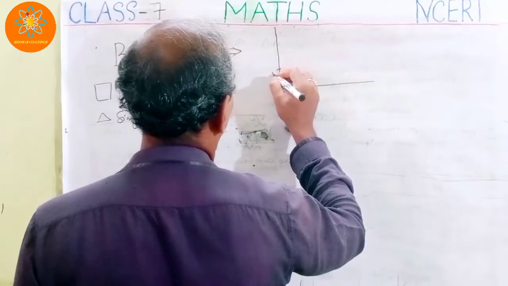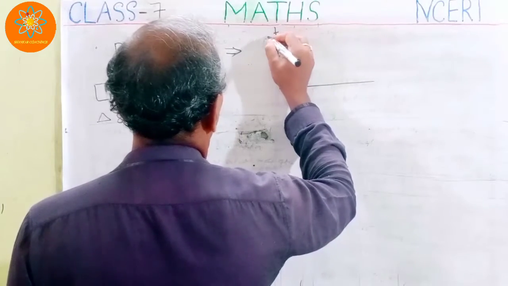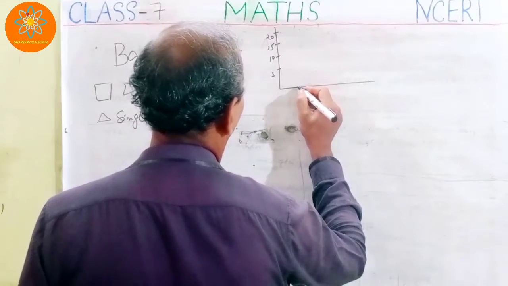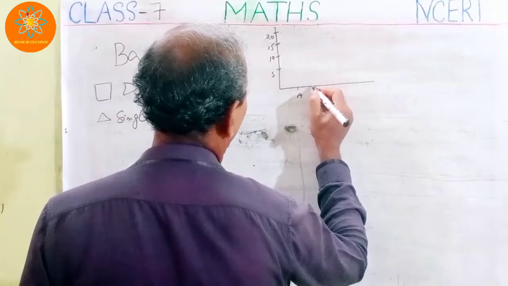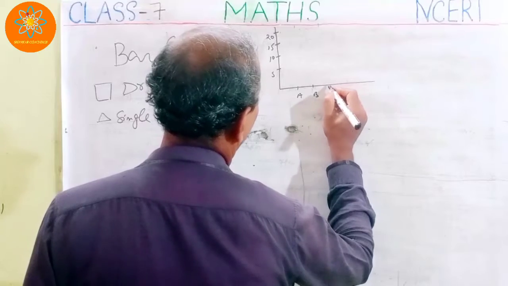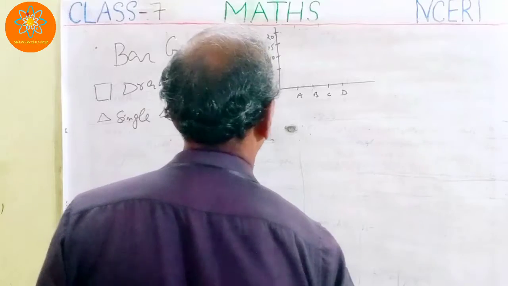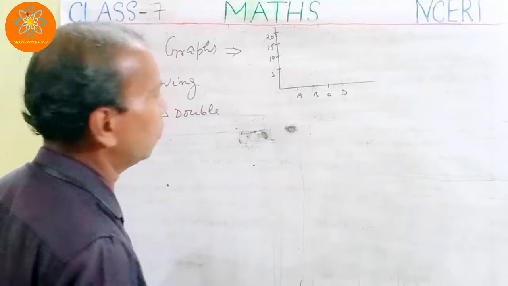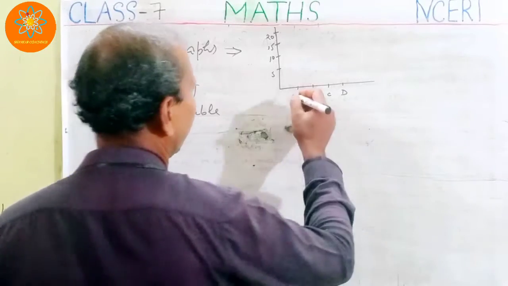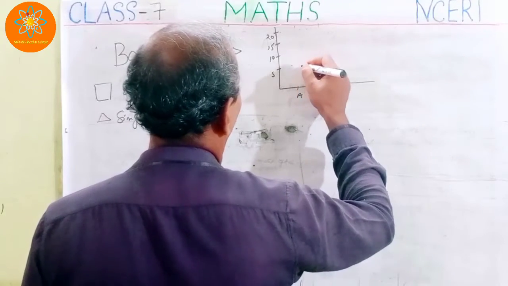We have 5, 10, 15 and 20. And let's suppose at these points it is A, then B, then C, then D. If I represent the bar graph as a rectangular one, for example, for A it is 5.